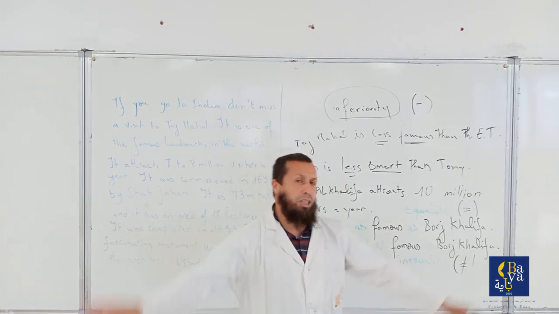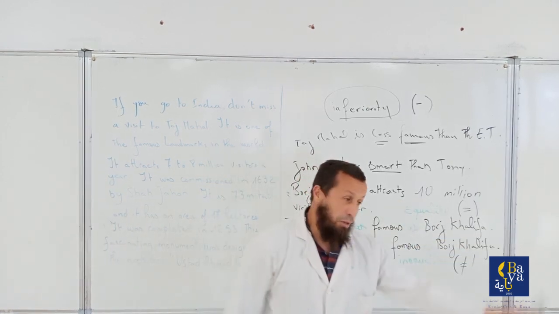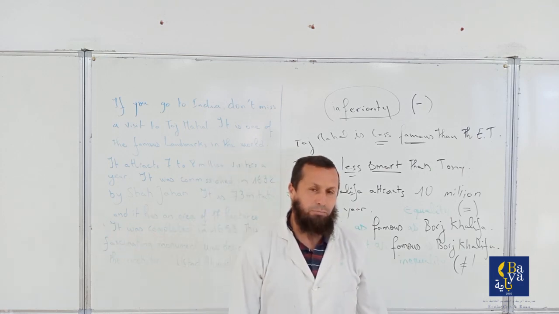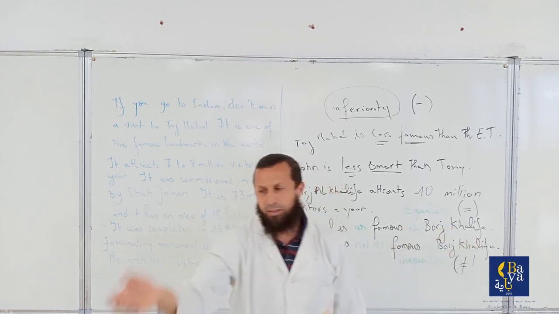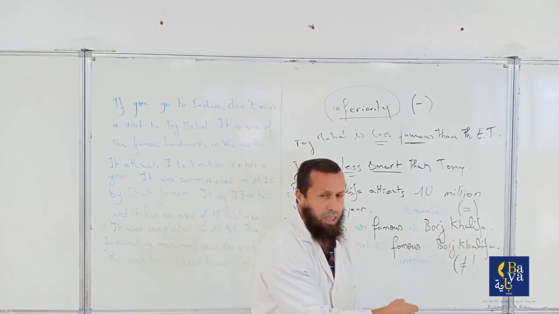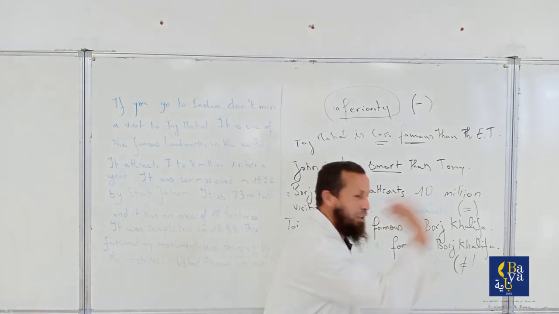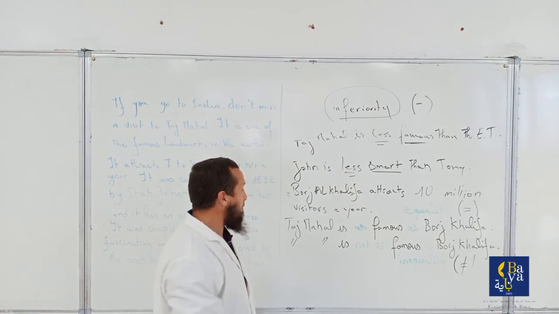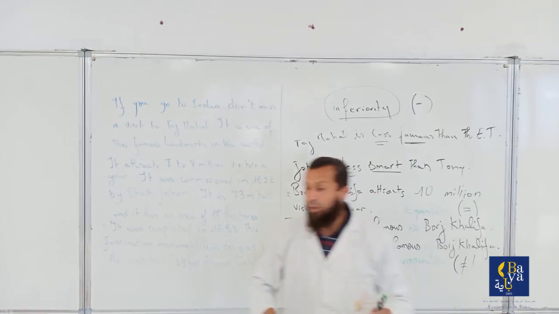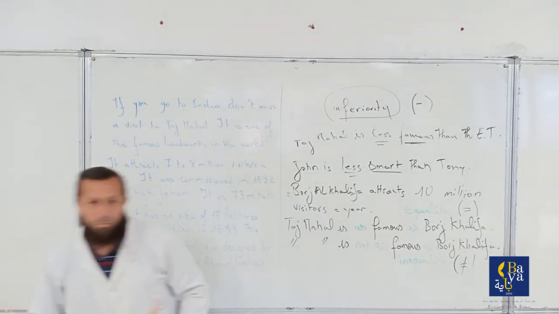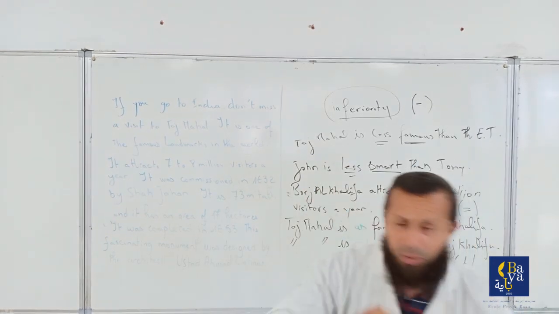If we say that they are equal, we say as adjective as. If we want to say that they are not equal, we say not as adjective as: is not adjective as, are not adjective as, was not adjective as, and so on. Okay. So this is all about the comparison. I hope that you got the information.